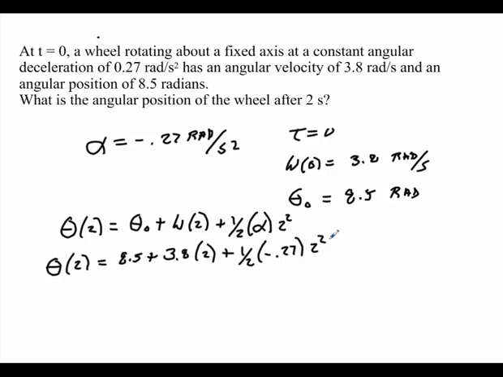Okay, so I get 8.5 plus 3.8 times 2, plus 0.5 times negative 0.27 times 2 squared, and that gives me 15.56. So my position at 2 seconds is 15.56, and those units will be in radians.